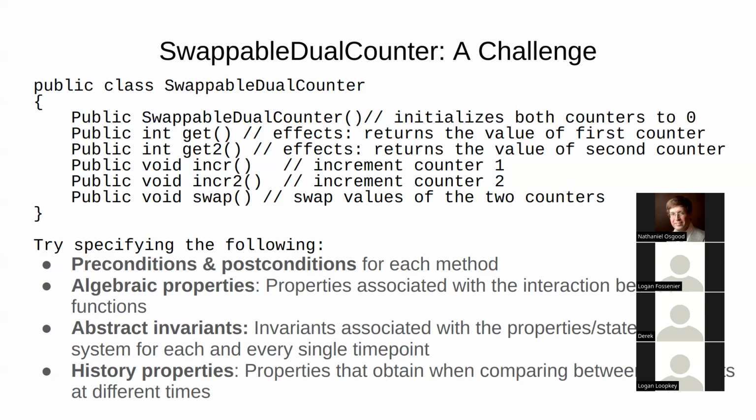That's right. Exactly. So why can't we just say the value of get at a later time is greater than or equal to the value of get at an earlier time? Why can't we say that? Because it can be swapped. But what Derek has done is cleverly arranged the property to account for the fact you can swap, right?